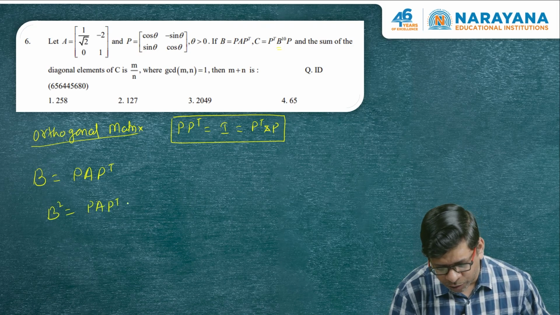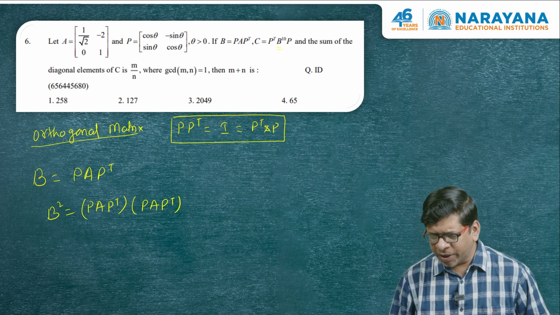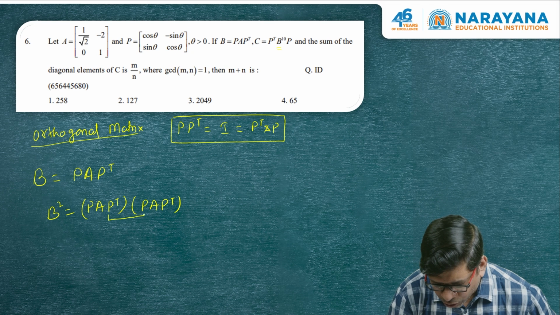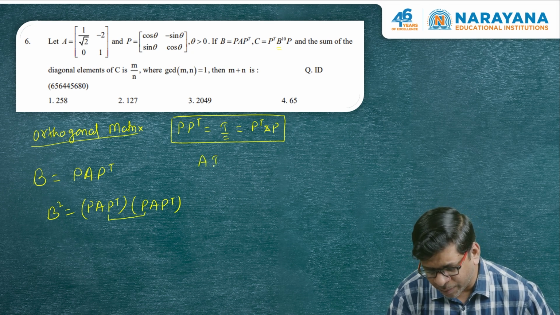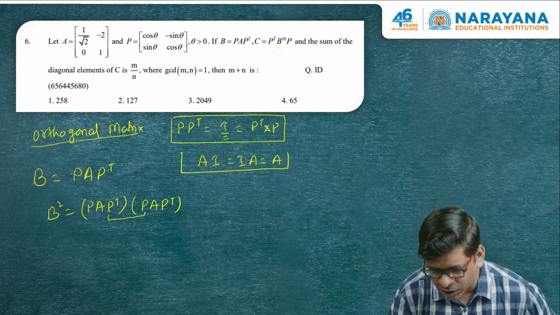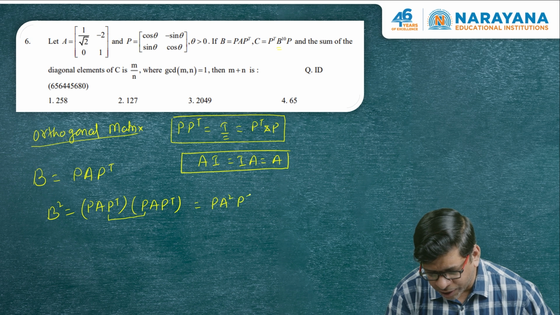P A P transpose multiply with P A P transpose. Take care of the order in which the matrix are multiplied. P transpose into P, this is identity matrix. And any matrix when multiplied with identity in any order, then answer will not change. It will be same. So it means this become P A square P transpose.